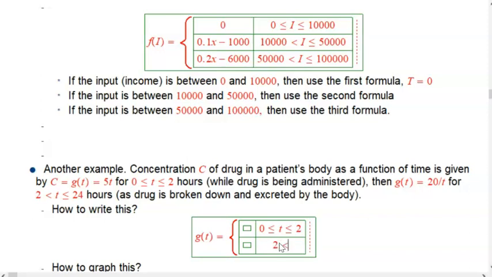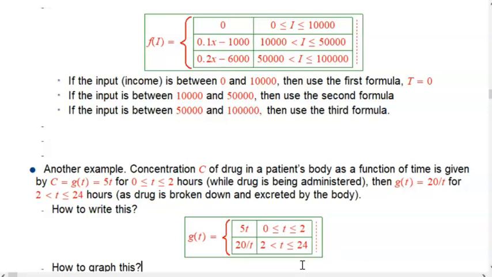So let's say that's a strictly less than. Okay. So the formula here, that's where we put the 5t, and this is where we put the 20 over t. So remember this says, if you read it from the right to left, really, if you give me a number between 0 and 2, then I'm going to use the formula 5t. If you give me a number between 2 and 24, I'm going to use the formula 20 over t.